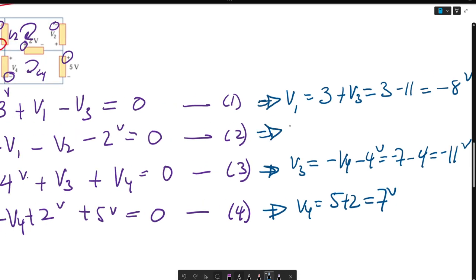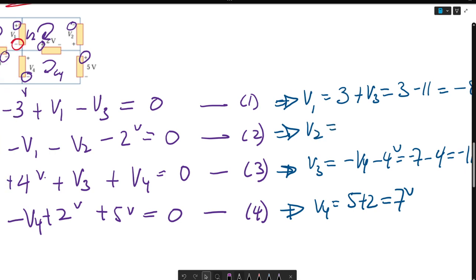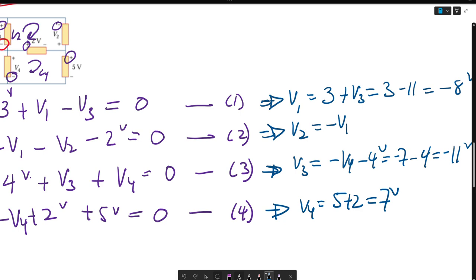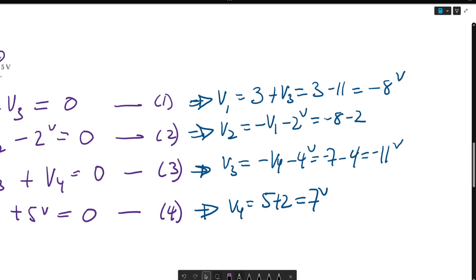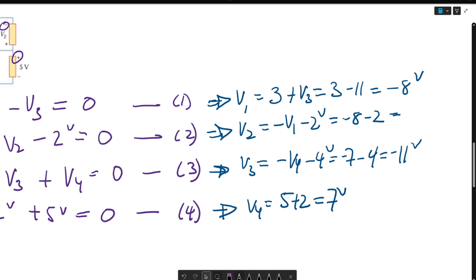And then here, we could say V2 is equal to negative V1 minus 2 volts, which is equal to negative 8 minus 2, sorry, this should be positive 8 because it's negative V1, so positive 8 minus 2, which is equal to 6 volts.